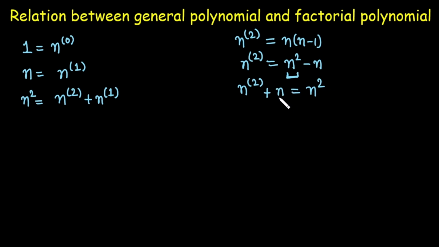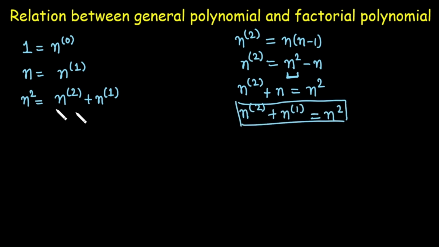Now what is the value of n in terms of factorial polynomial? That is n raised to power 1. So we can write n raised to power 2 factorial polynomial plus n raised to power 1 factorial polynomial is equal to n square. So from here we can say that n square is equal to n raised to power 2 factorial polynomial plus n raised to power 1 factorial polynomial. This is the derivation of this.